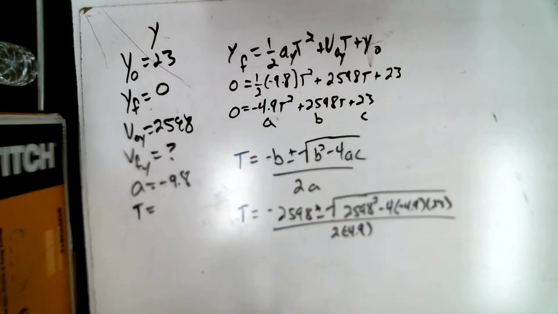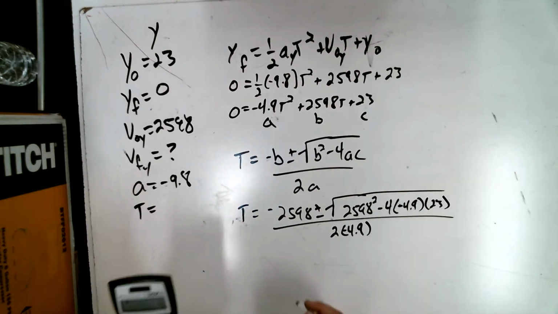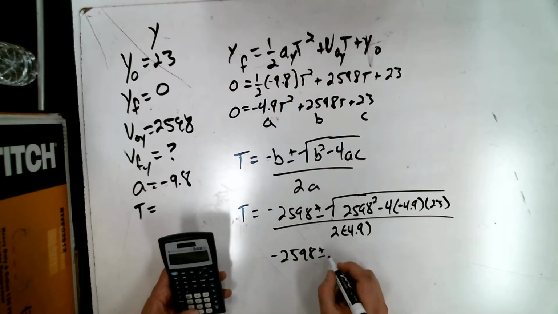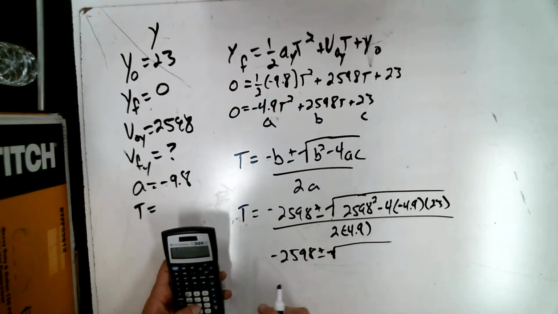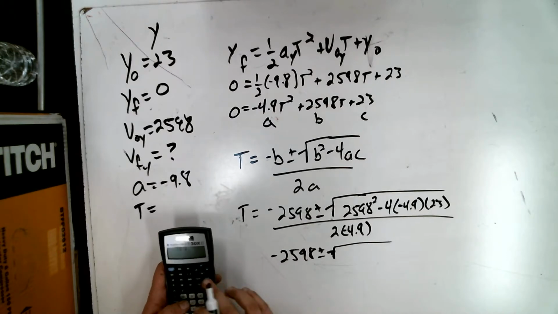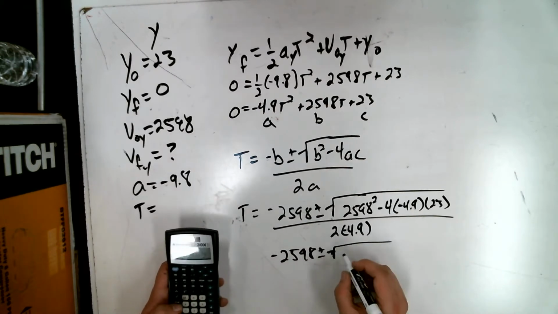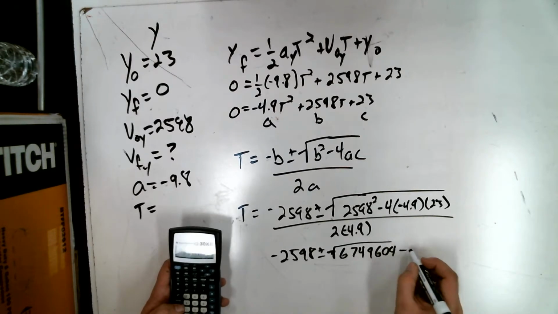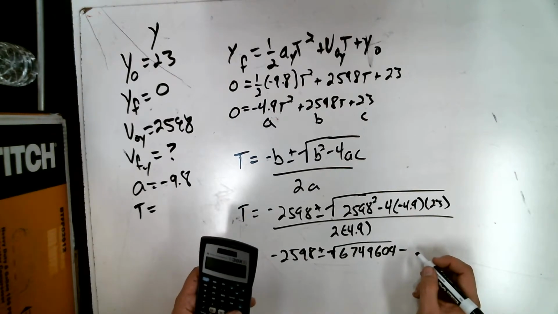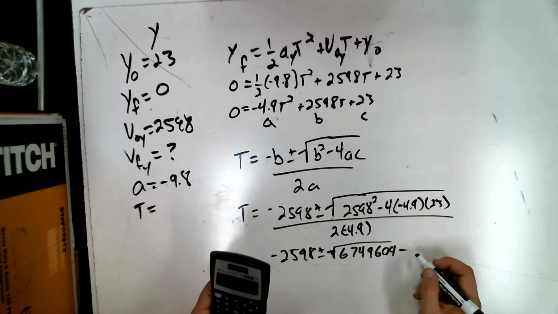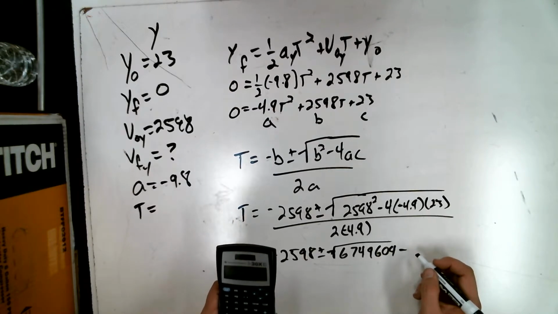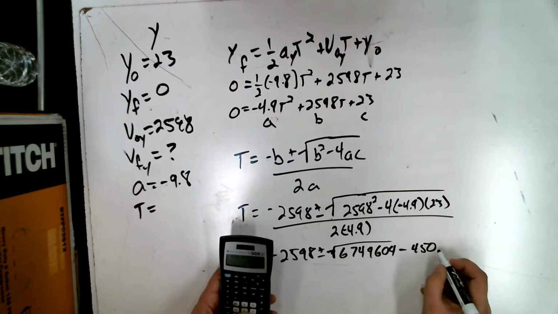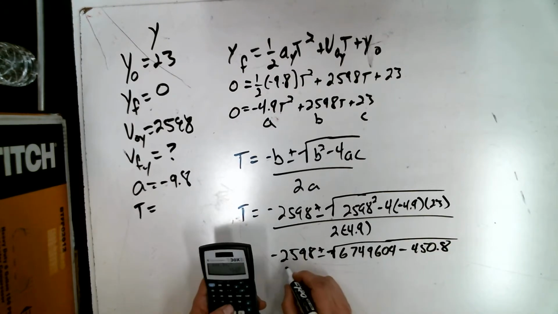Get some big ugly numbers here. Negative 2598 plus or minus the square root of 2598 squared, which is 6,749,604, minus 4 times 4.9 times 23, that's a whopping 450.8. Great.